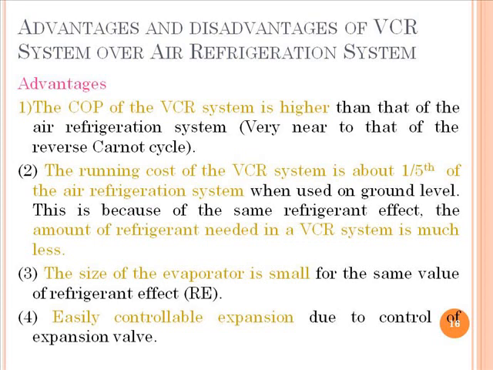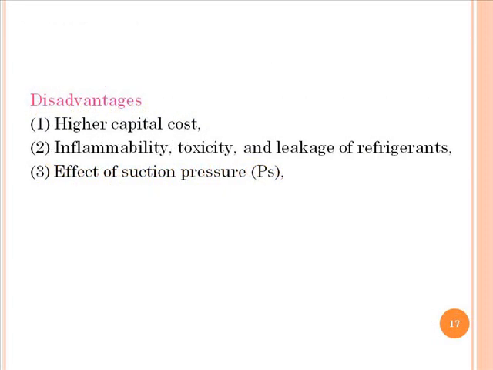And last is easily controllable expansion due to the control of the expansion valve. If we talk about disadvantages, first is higher capital cost required, then inflammability, toxicity and leakage of refrigerant, as well as the effect of suction pressure. These are the major disadvantages of the simple VCR cycle.